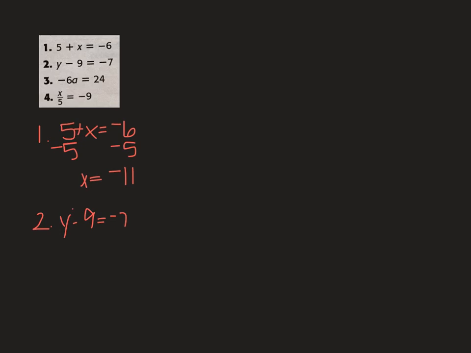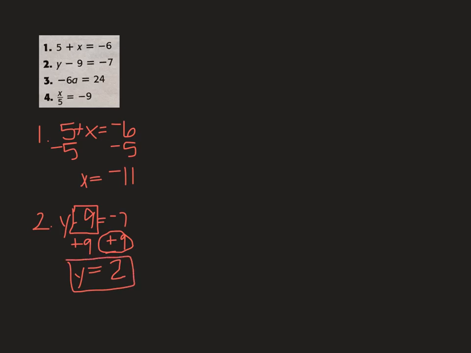It's negative 9, so I need to add 9 to both sides. Signs are different, so I need to find the difference here. I'm going to subtract 9 minus 7 to get 2. The positive is the larger number, so my answer is going to be positive.